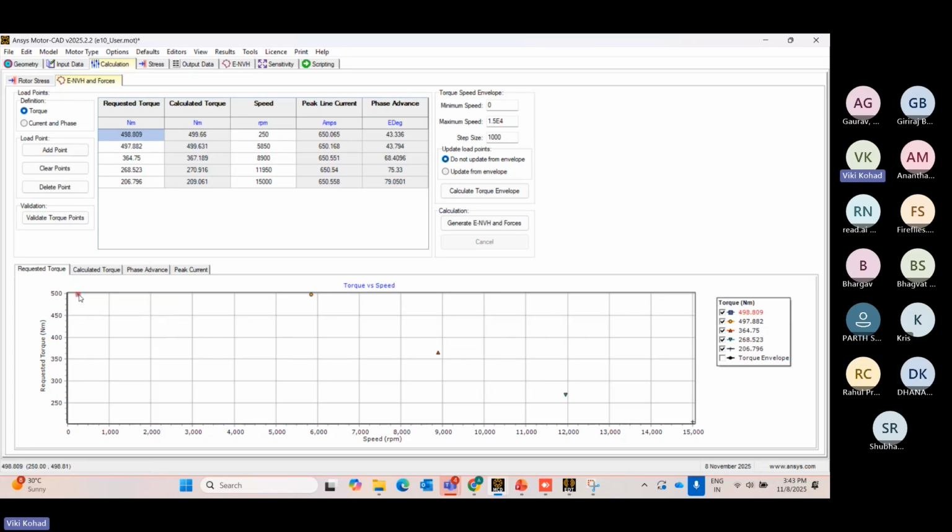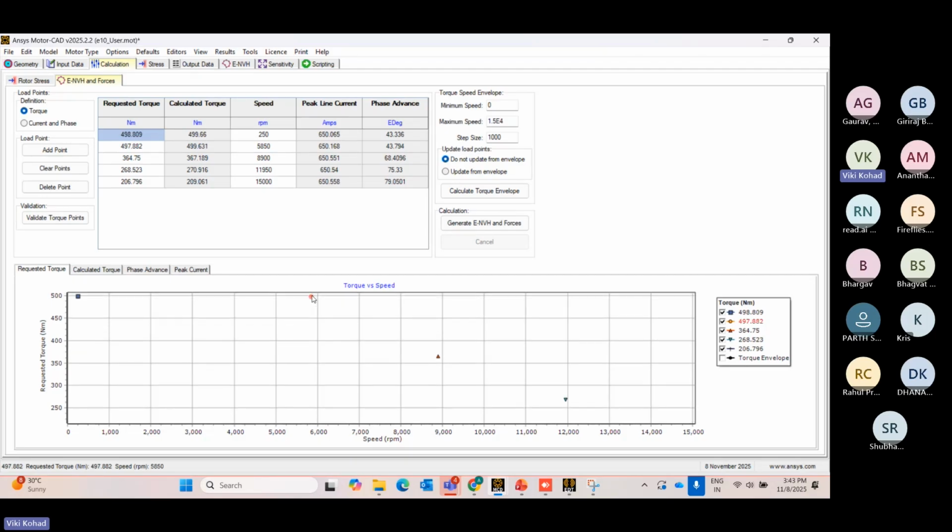This one is at 258 rpm, and the baseline rpm is around 5800. Here our base rpm is where we calculated the electromagnetic performance parameters, and there are some other torque and current points also.